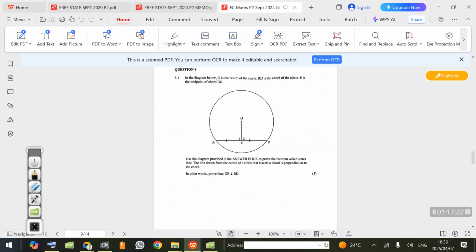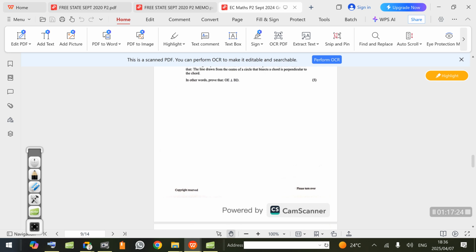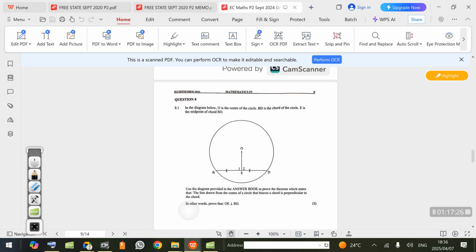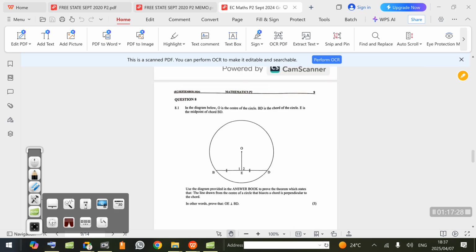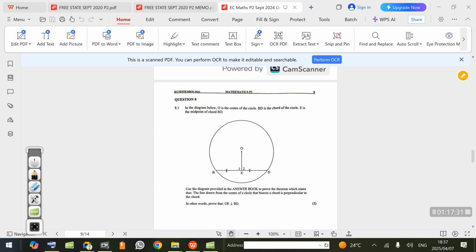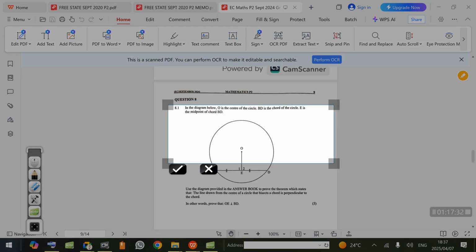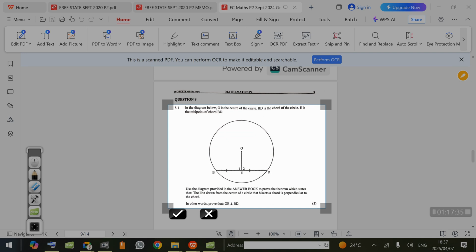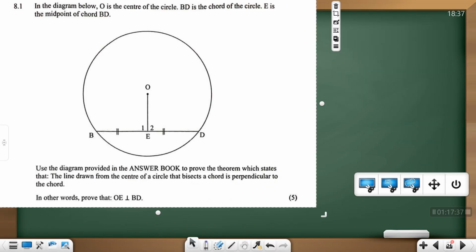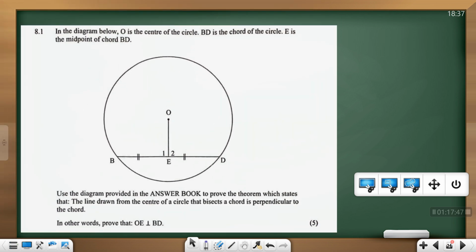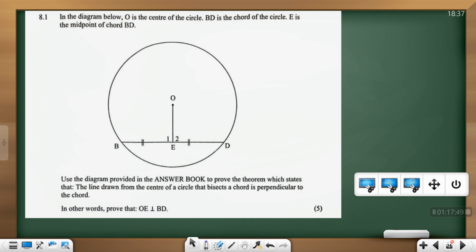Guys, remember, for a few minutes, I'm going to keep quiet. There we go. This is theorem 1. 5 marks. Do you remember? I did it last week. Charles, I did it last week.